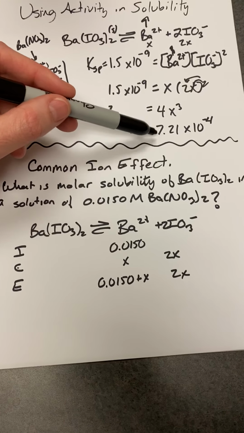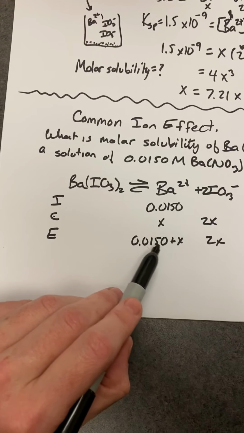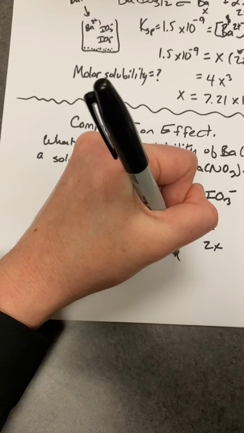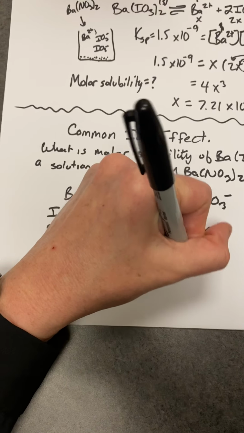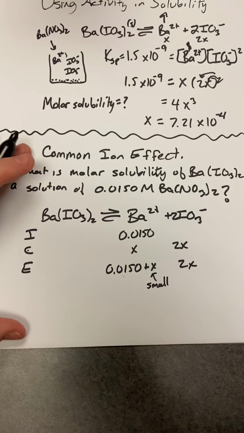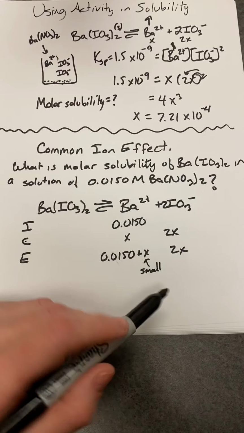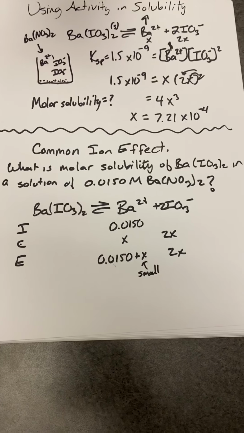That's a relatively small number. And so over here, compared to this 0.0150, we're going to go ahead and assume that this one is relatively small. And that keeps us from having to do the quadratic equation, which is always kind of grand. Although sometimes, if this isn't very small, we would have to go about doing a quadratic equation.